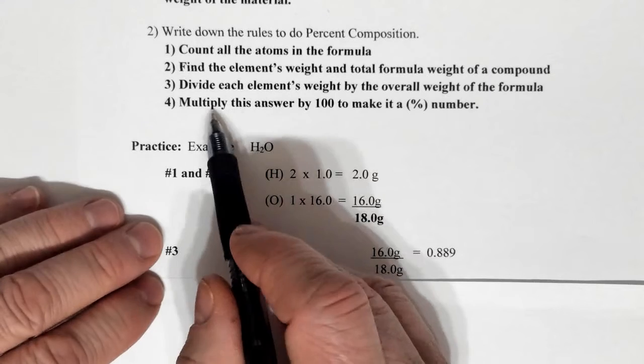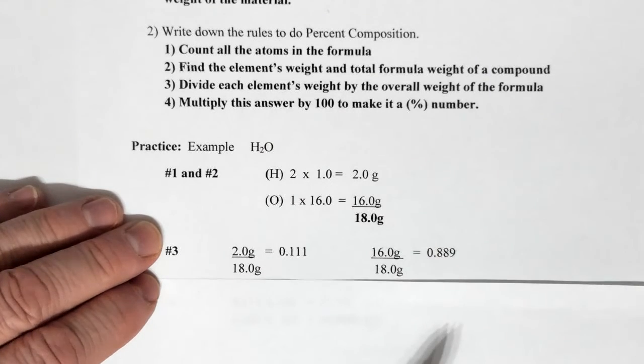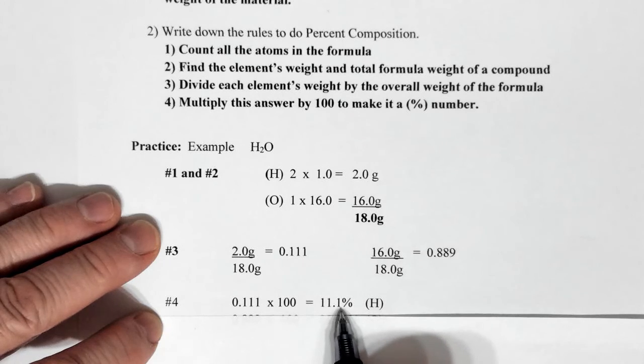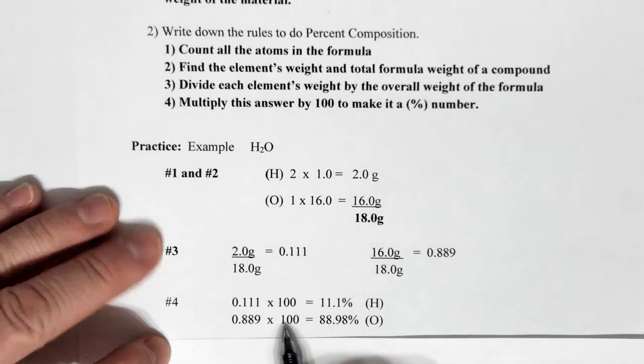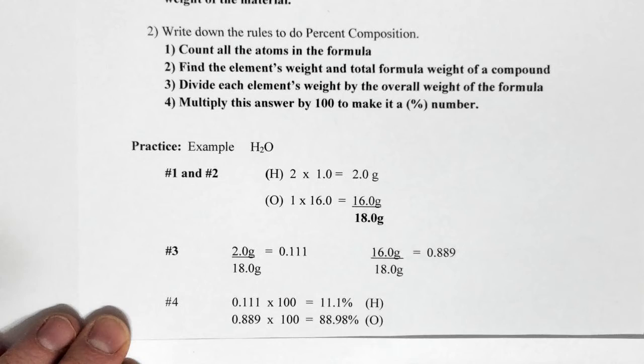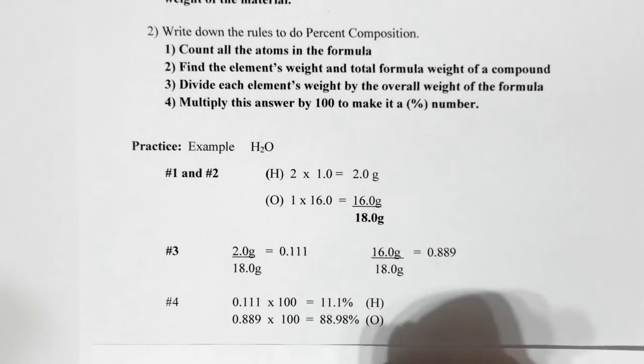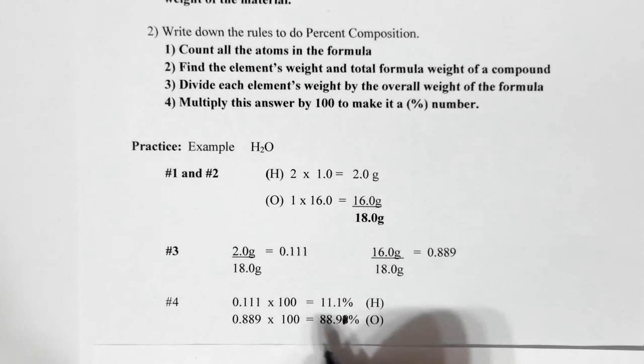Then our last step is to multiply by 100. We multiply this by 100 and get 11.1%, and then for oxygen we get 88.9%. And what that adds up to is 100%.